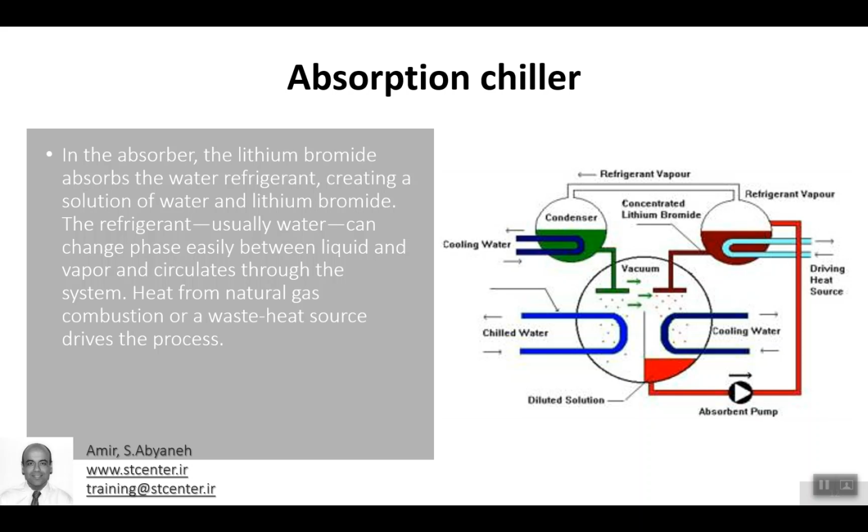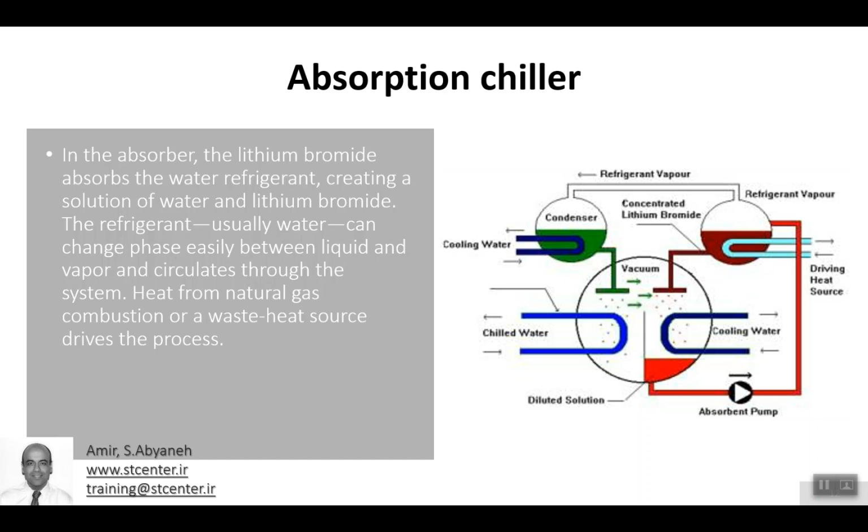Most of the time we have two types of chiller, absorption chiller and compression chiller. So in absorption, what's happening? If I want to tell you very briefly, in the absorber, the lithium bromide absorbs the water refrigerant, creating the solution of water and lithium bromide. This refrigerant, usually water, can change phase easily between liquid and vapor and circulate throughout the system.